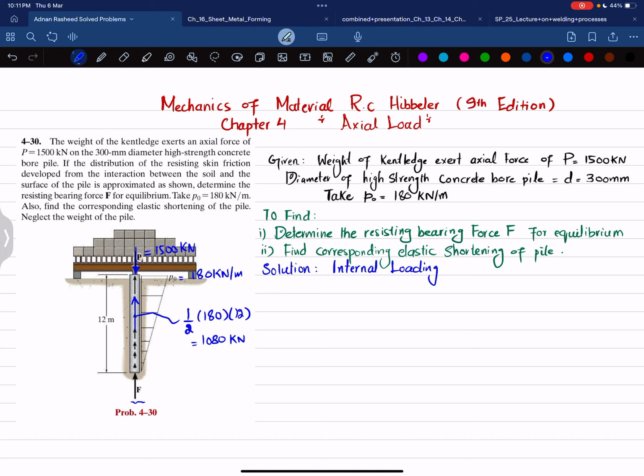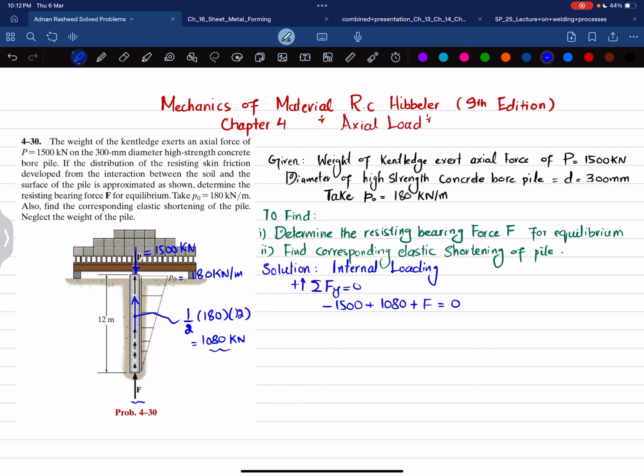We will find this F by using the equation of equilibrium, that the sum of all forces along the y direction must be equal to 0, and upward force is taken as positive. The first force, which is downward, is minus 1500 kilonewton. Plus this load, 1080, which is upward, plus this F, which is also upward. Their sum must be equal to 0.